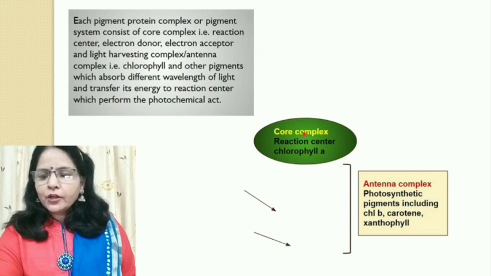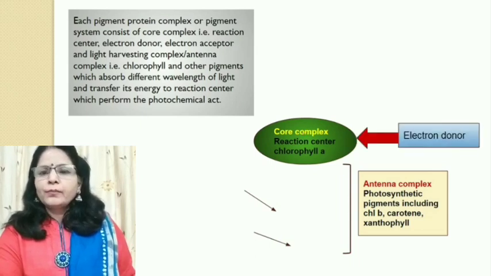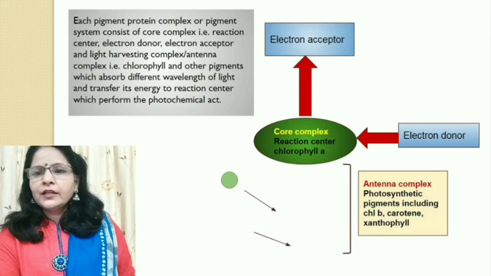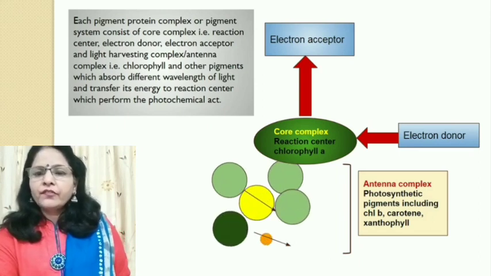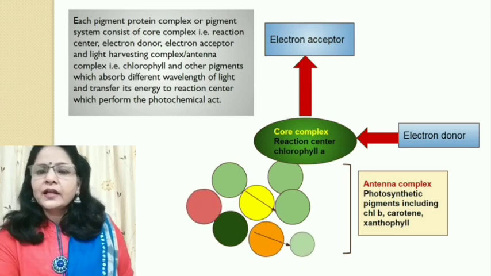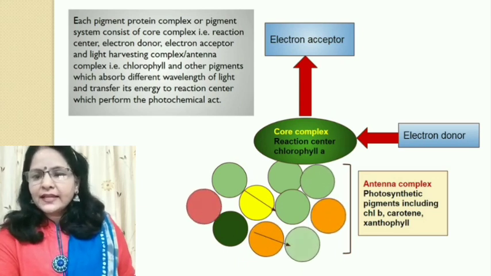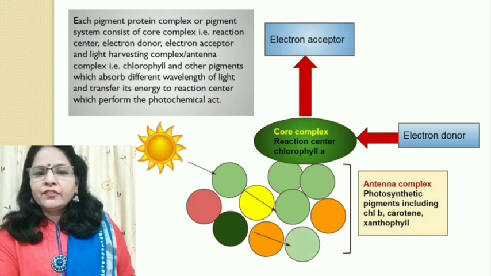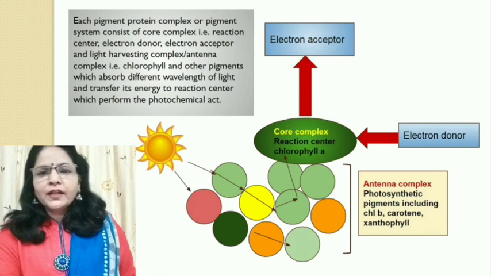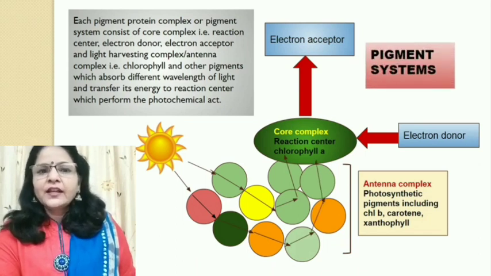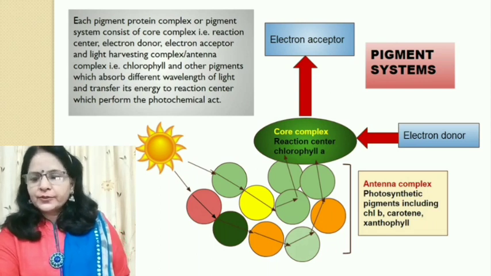In the core complex, electron donor and electron acceptor are found, and in the antenna complex different types of pigments are found. These pigments are carotene, xanthophyll, and different types of photosynthetic pigments. They take energy from the sunlight, and this energy is transferred to the reaction center, and the reaction center performs the photochemical act.